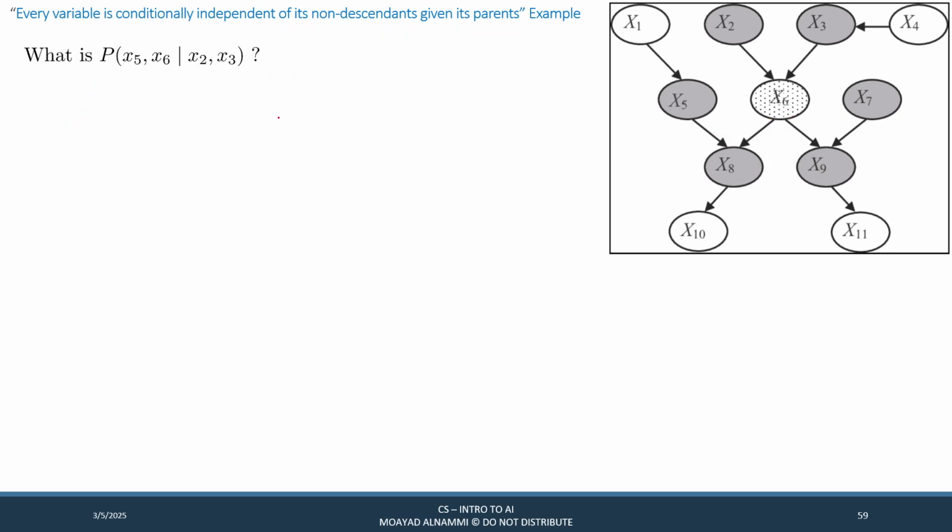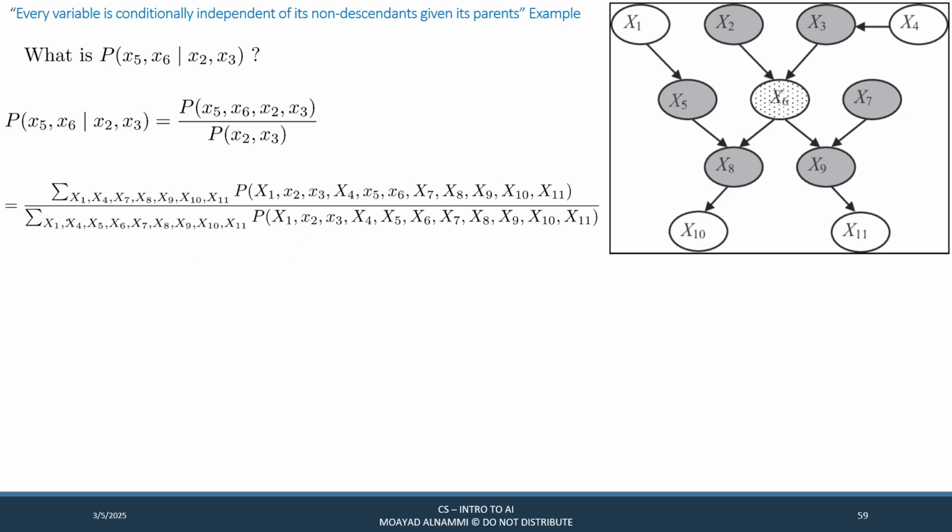What happens if you don't do that? Well, you're going to do it the long way. We break this down into the joint, which is the numerator, the probability of x5, x6, x2, x3, divided by the probability of x2 and x3. Then, in order to solve this, we need to sum out the hidden variables in the numerator.